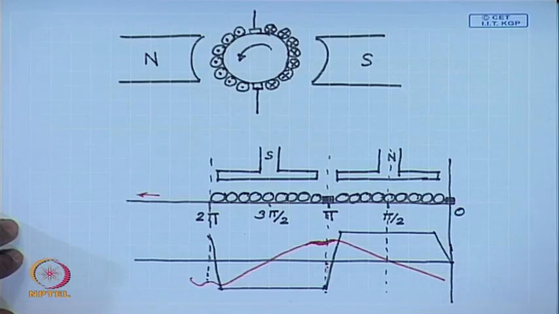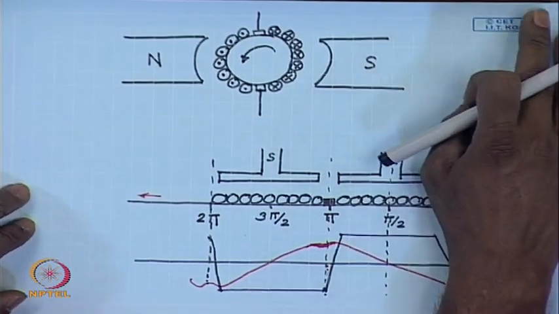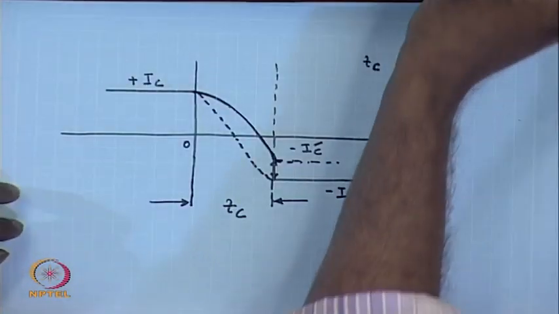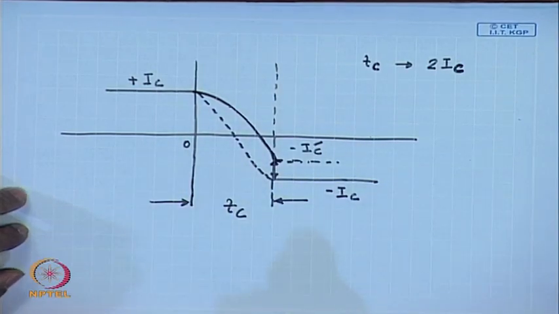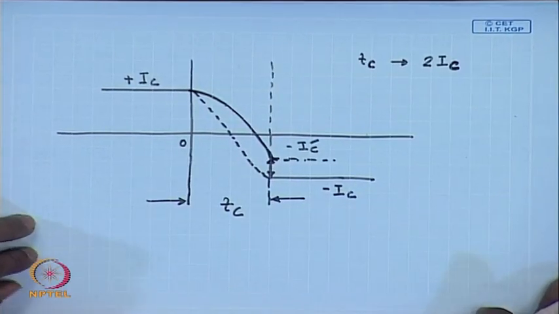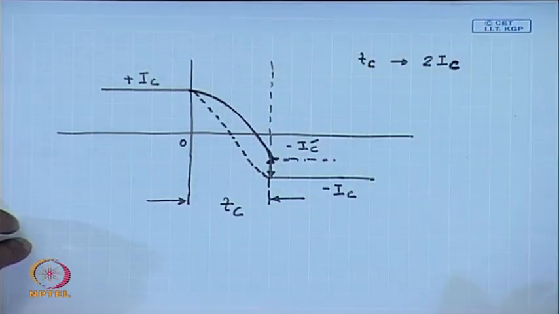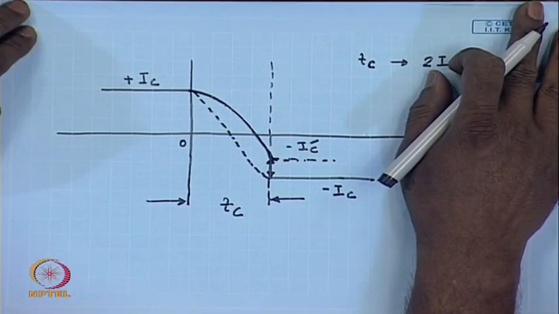So, there will be a voltage induced in the coil undergoing commutation, which will prevent or delay the change in the current in the coil undergoing commutation, leading to under commutation. As we have said that the effect of under commutation is to produce spark, this is to be avoided.